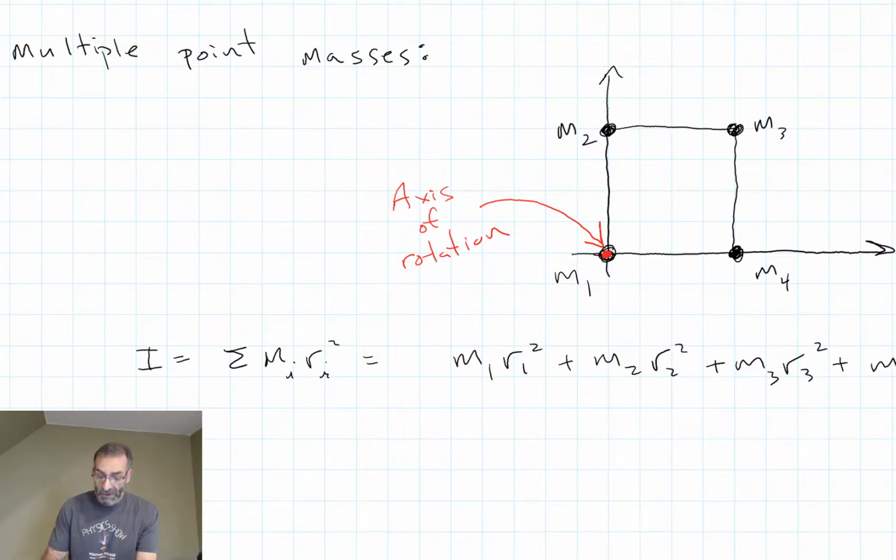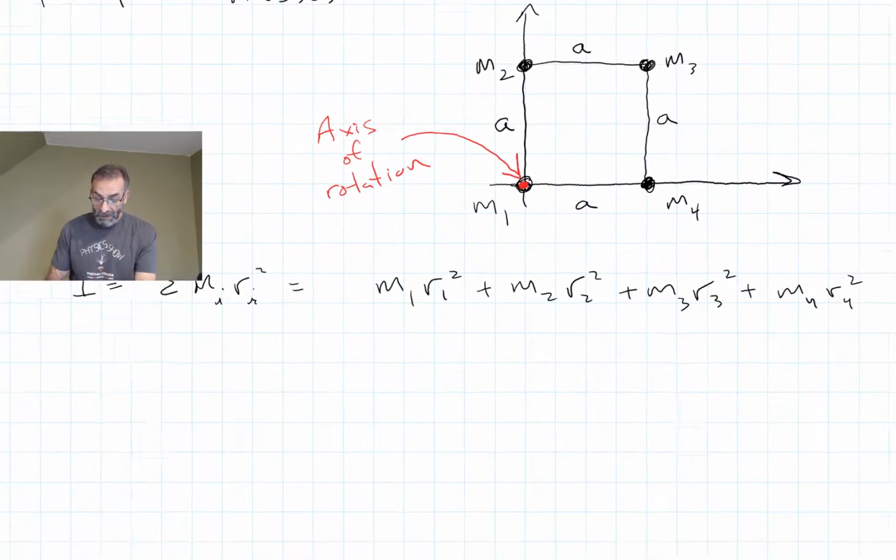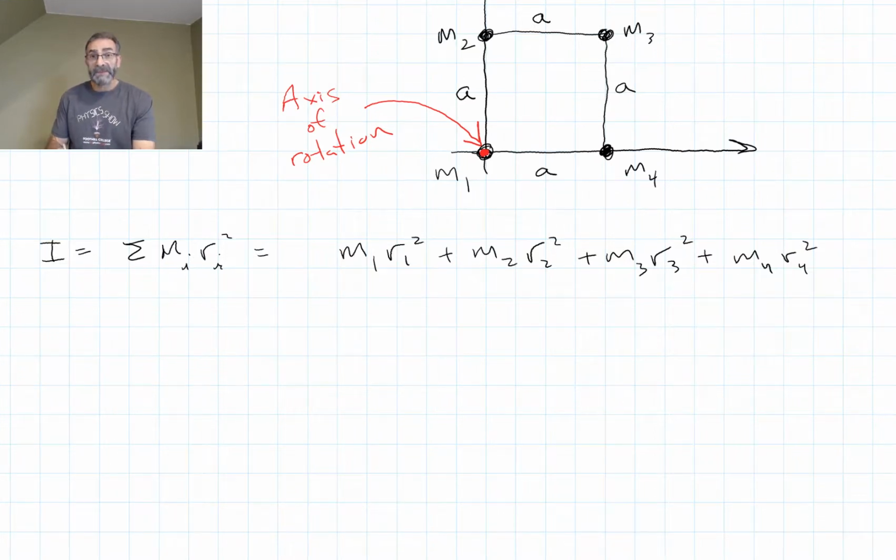Let's make each of these rods a distance A. And let's start filling in what we know. M1 is located at the axis of rotation, so its distance to the axis of rotation is 0. M2 is located at distance A from the axis of rotation.